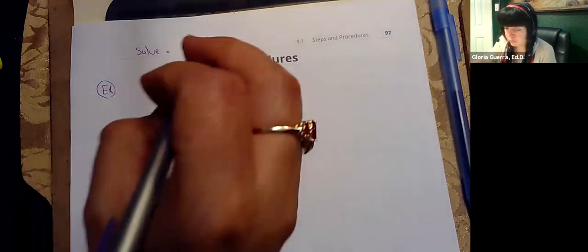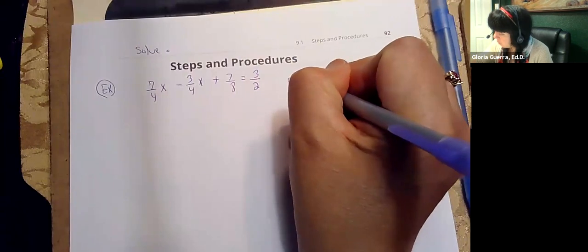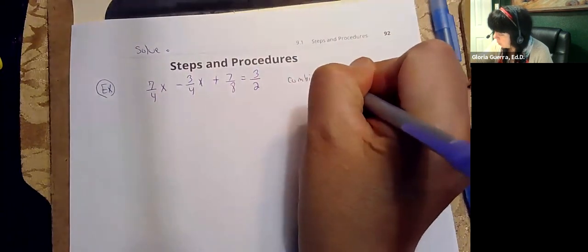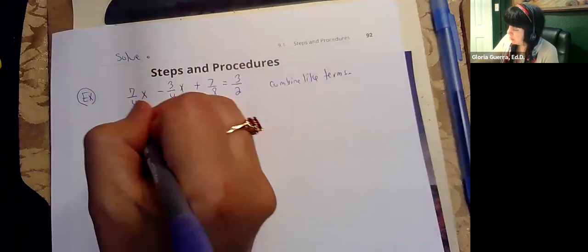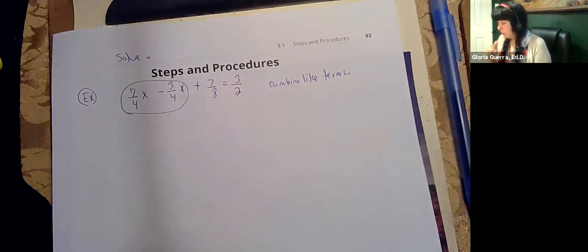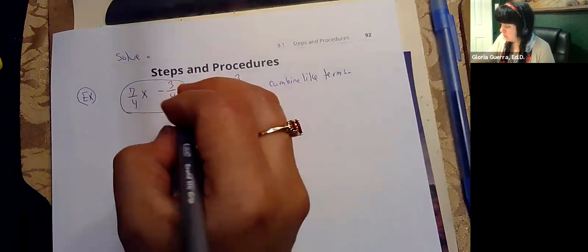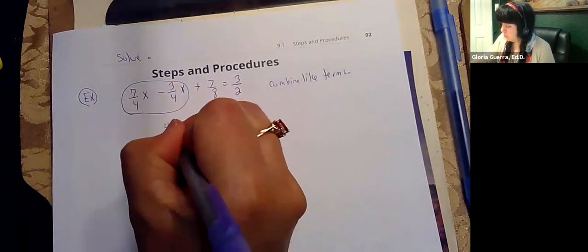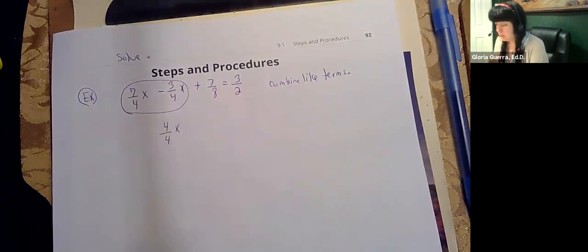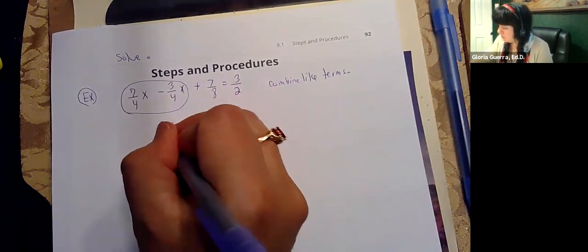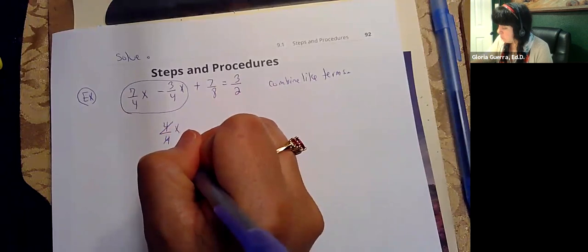The first thing we do is combine like terms. If I combine 7/4 x take away 3/4 x, you already have a common denominator of 4. So 7 minus 3 is 4, so you have 4/4 x. And that just simplifies to give you 1x.